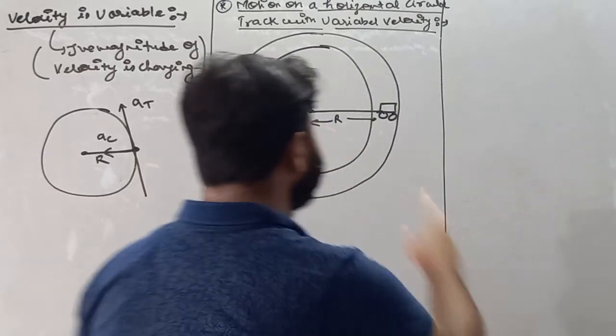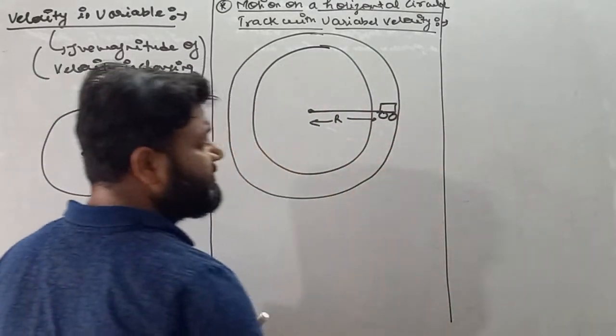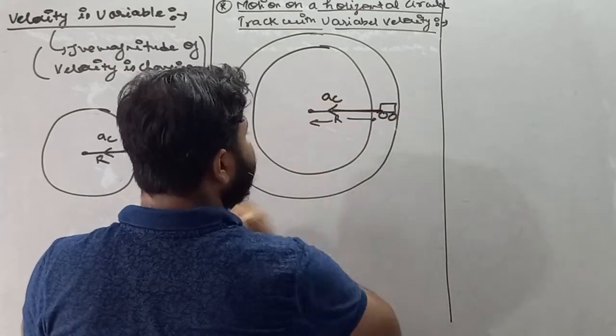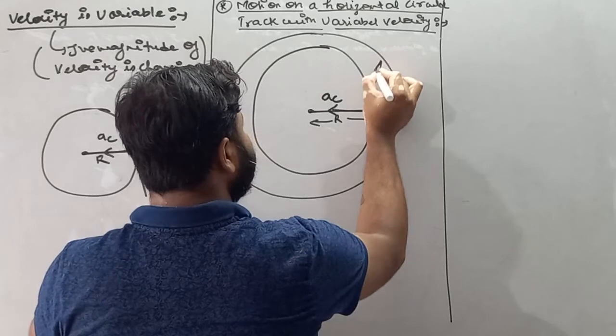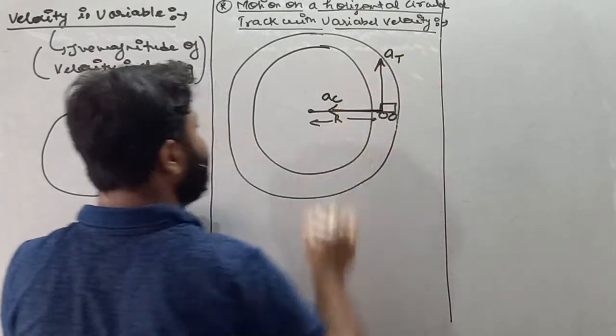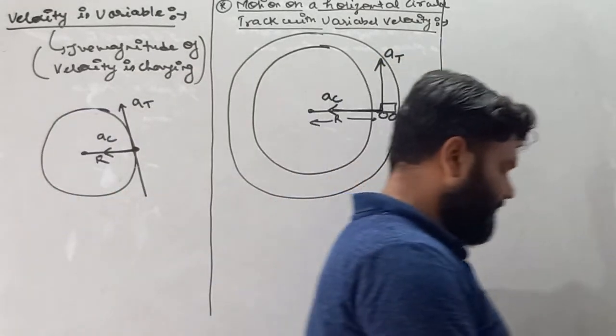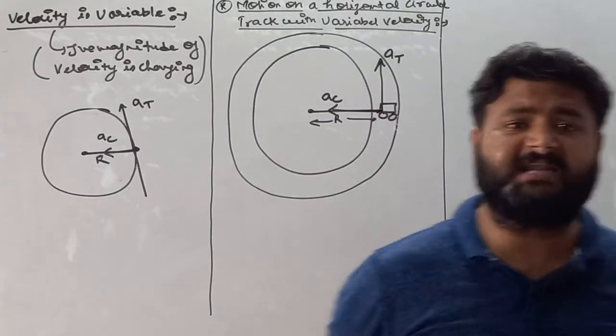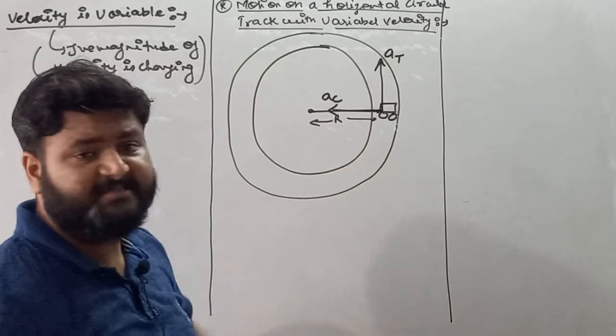So in this case, my dear student, two accelerations will act. One is towards the center, called centripetal acceleration, and another is towards the tangent, called tangential acceleration. Why is tangential acceleration acting?